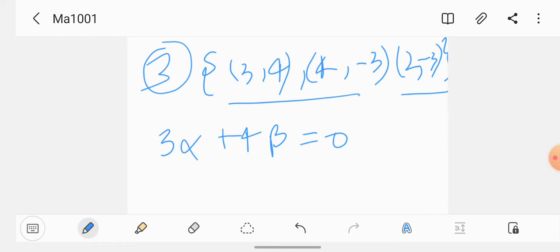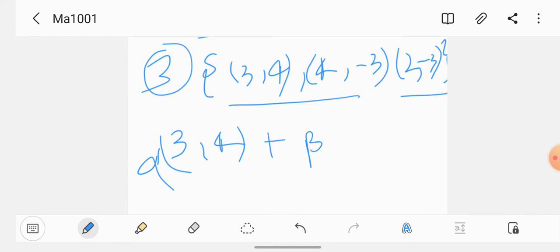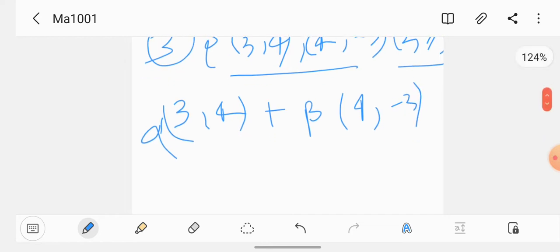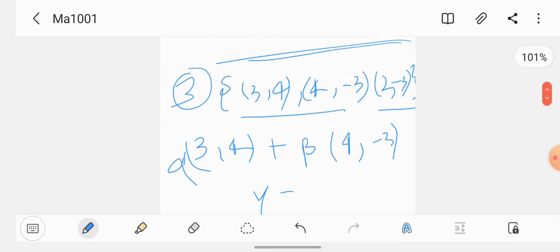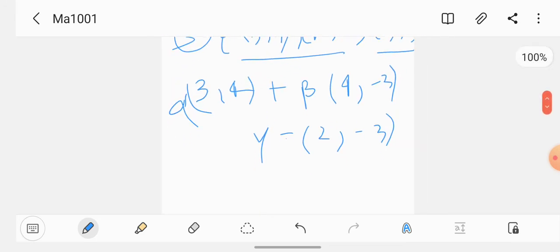We multiply (3, 4) by the coefficient alpha, plus beta times (4, -3), and gamma times (2, -3).